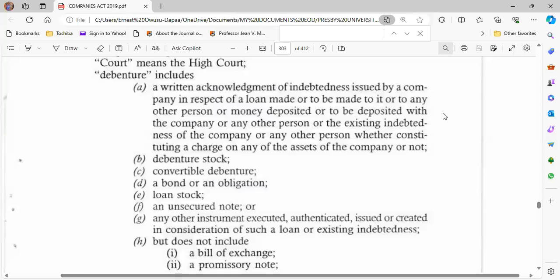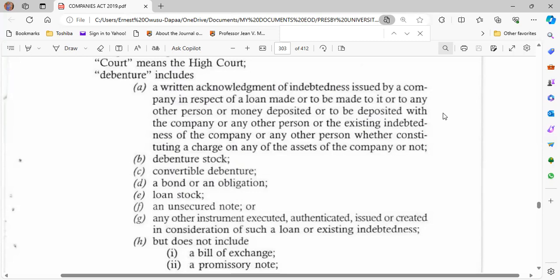One observable thing about the way Section 383 and the first schedule of Act 992 have defined debentures is that we are giving a general explanation in terms of description of what a debenture looks like.